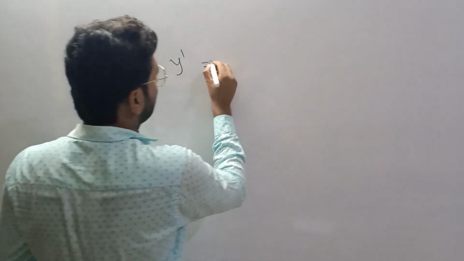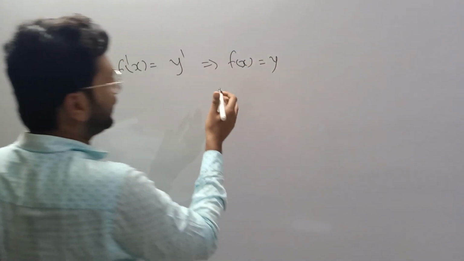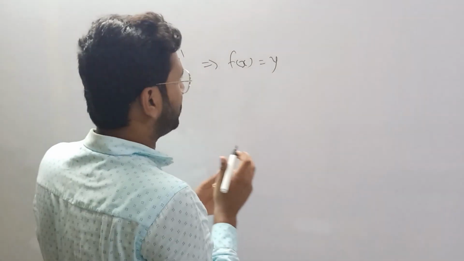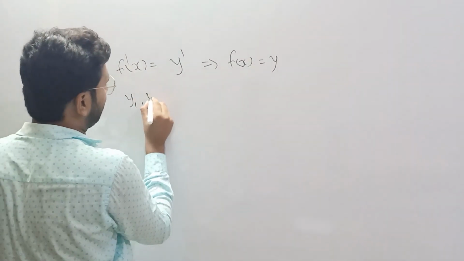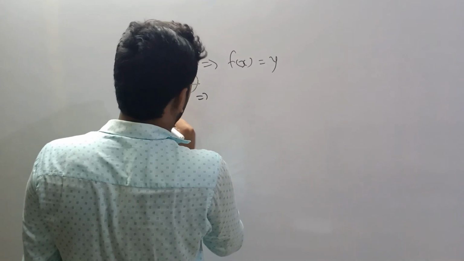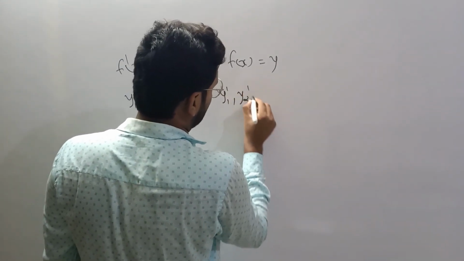But for that we need f of x is equal to y. Whenever you have f of x equal to y, you can denote the derivative of f of x as y dash. So suppose we have functions like y1, y2, y3, then we can denote the derivatives of these three functions as y1 dash, y2 dash and y3 dash.